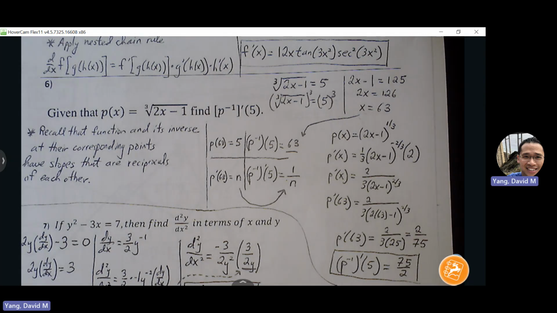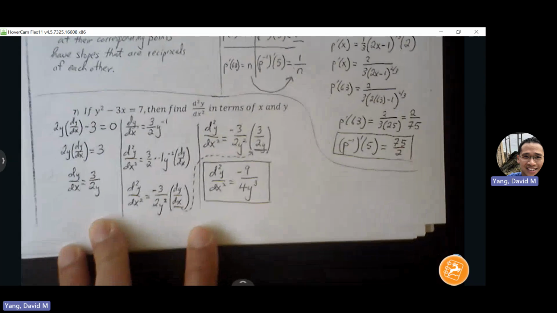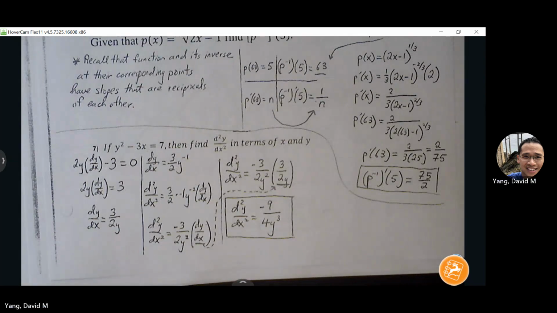Okay, number 7, you have to find the second derivative. To get to the first derivative, I see a need for implicit differentiation because I see something going on with the y. Every time I find y's derivative, I need to attach dy dx. Once I find dy dx, I bring that y up to the top, get it ready for the power rule again.